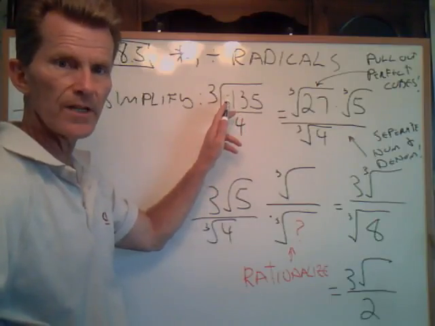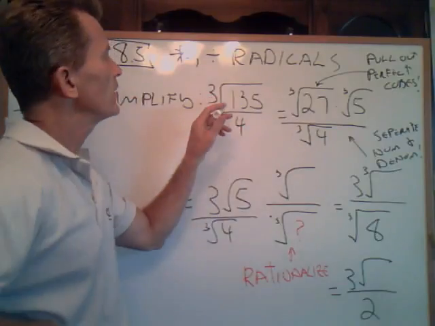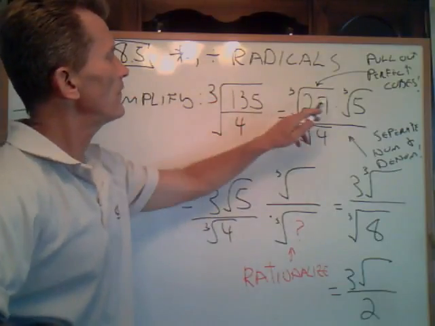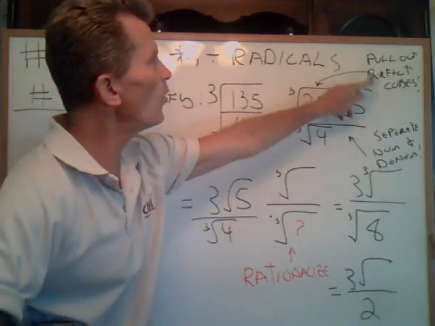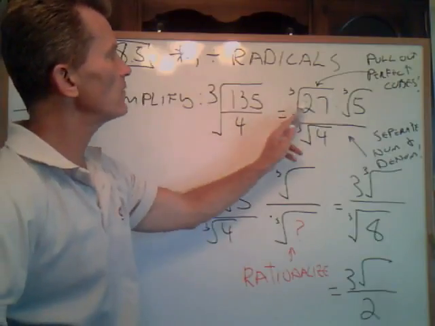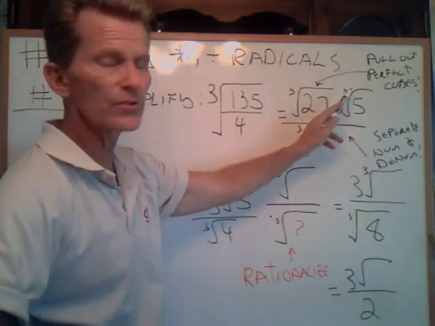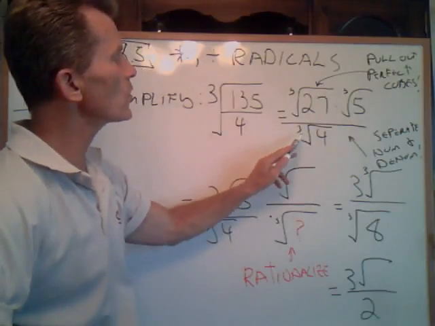You go into the cube root table, which is the lower right-hand corner, and realize that 5 times 27 is 135, so you're going to pull out the perfect cubes. Cube root of 27. Now, look, I've left it this way with the radical signs. I haven't executed the radicals yet. Set everything up and leave the cube root of 4.